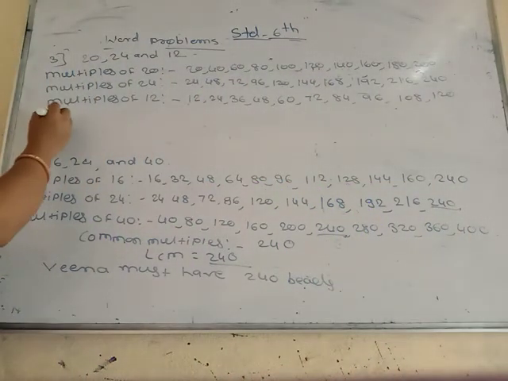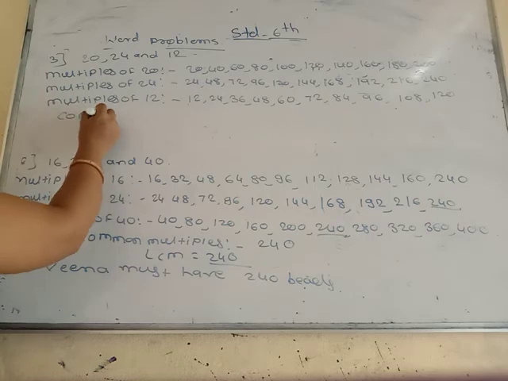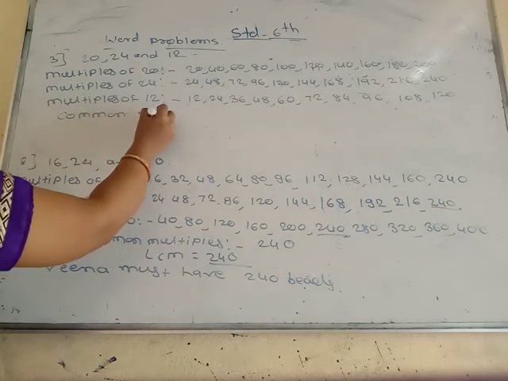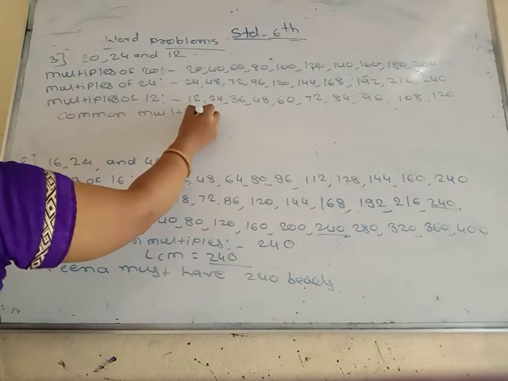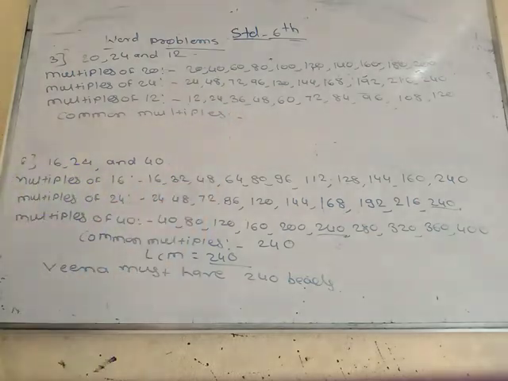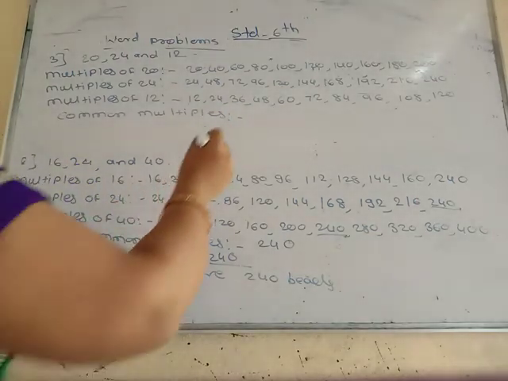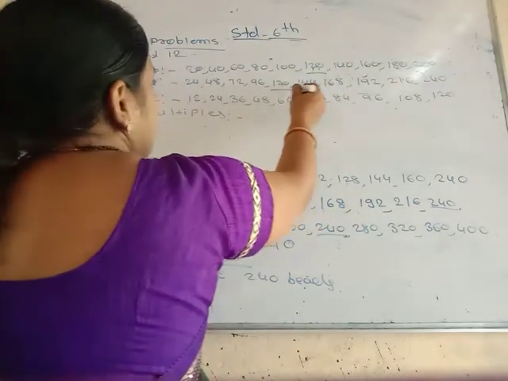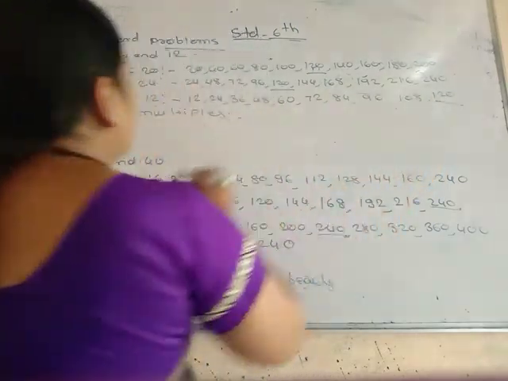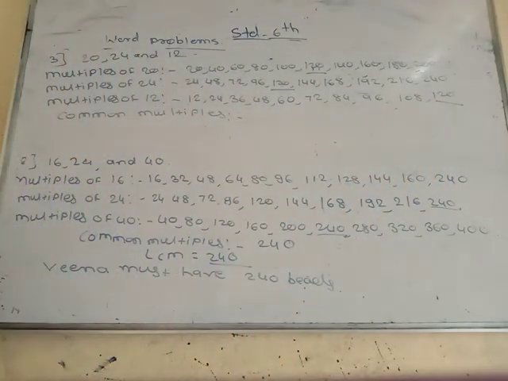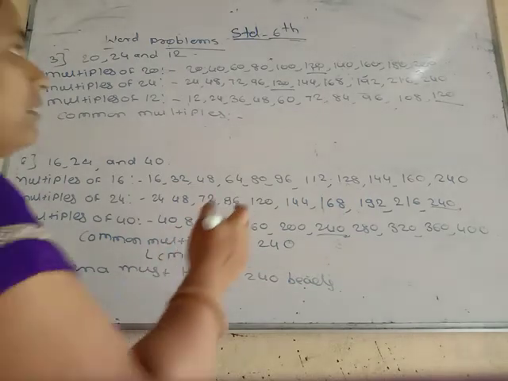Then the common multiples of these three numbers: 120, see here 120, 120 and 120. Again, which number is common here? Only 120 and 240 also.